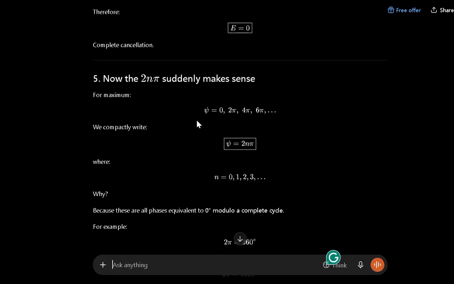If phi is 2 pi, 4 pi, and so on, we get E equals 2 E0, because these are all phase equivalent to 0 modulo a complete cycle.